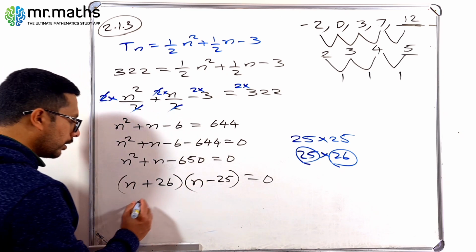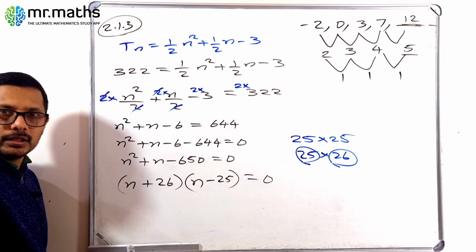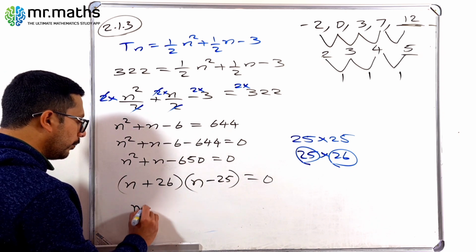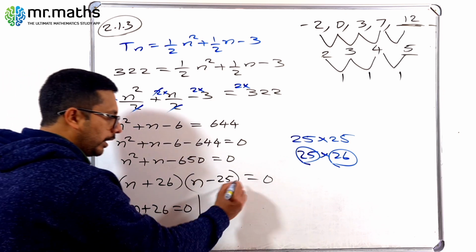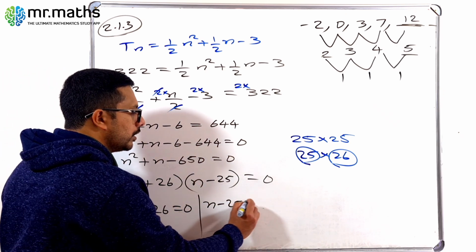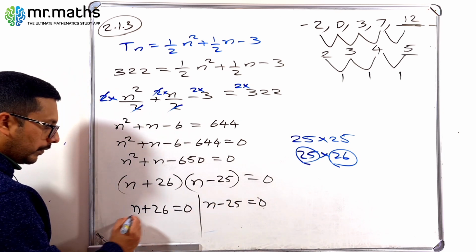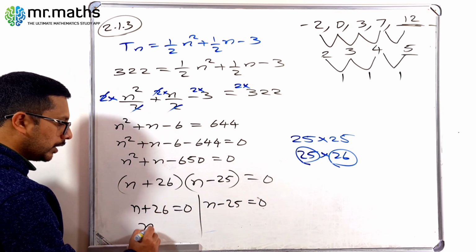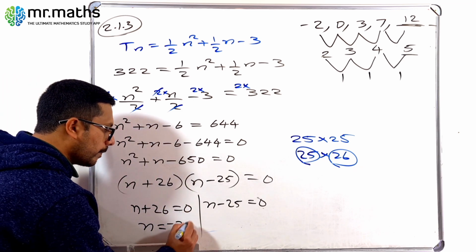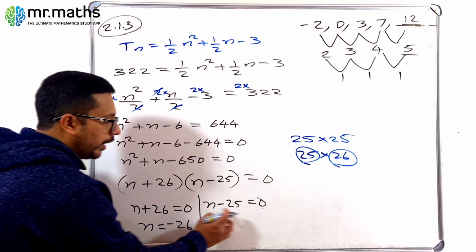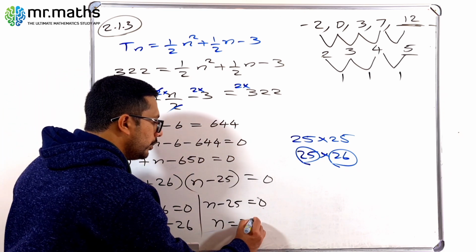So here either the first term is equal to 0 or the second term is equal to 0, so it is n plus 26 is equal to 0 or n minus 25 is equal to 0. Here n plus 26 is equal to 0 means n is equal to, take this 26 to the other side, so it is going to be minus 26. N minus 25 is equal to 0, so n is equal to 25.